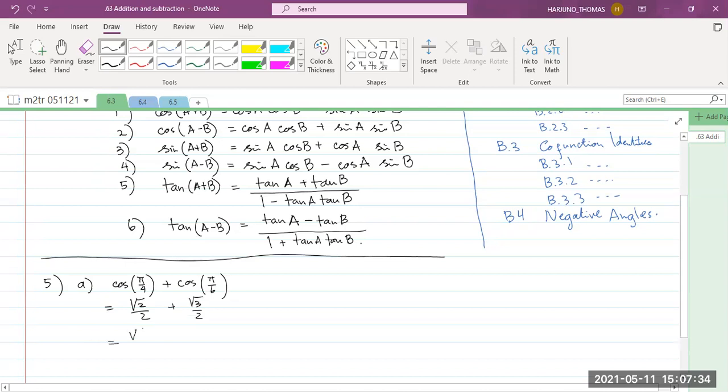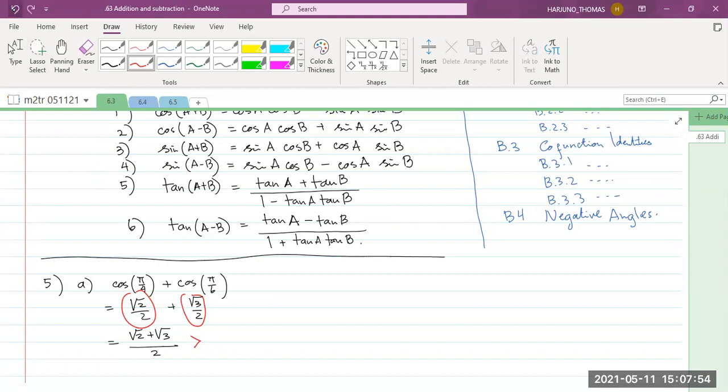Therefore, this is radical 2 plus radical 3 over 2. Definitely greater than 1. Why? Because this is greater than 1/2 and this is also greater than 1/2, so when you add them, of course it should be greater than 1.